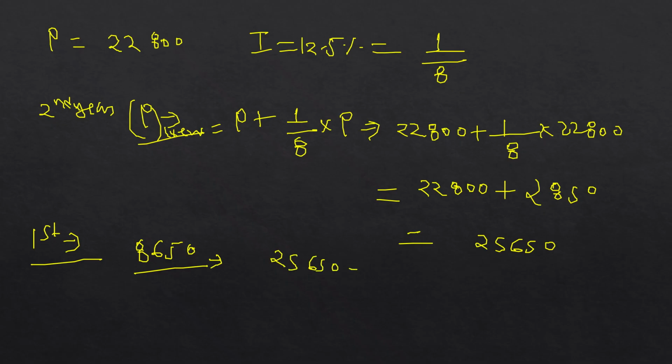25,650 minus 8,650. So we will get 17,000. Now this will become the principal for the next year. Now new principal 17,000 plus again 1 by 8 into 17,000.